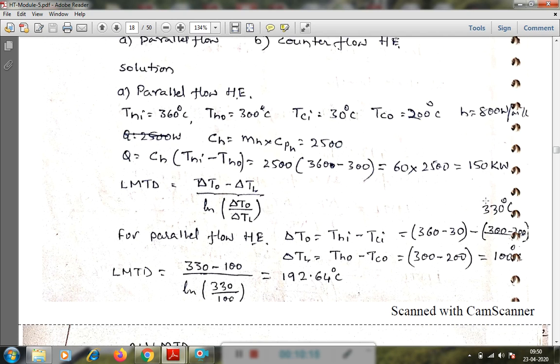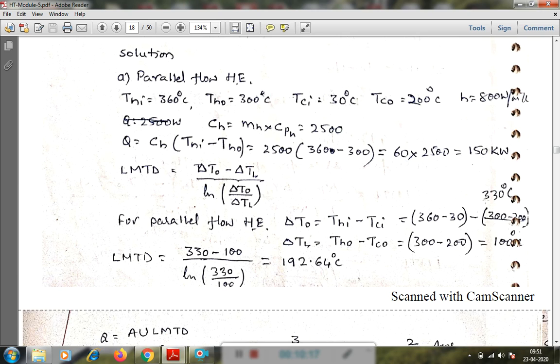If you have the heat transfer rate, and you know the overall heat transfer coefficient and LMTD, then by the LMTD method we can find out the area. Then LMTD can be given as delta T naught minus delta TL by ln of delta T naught by delta TL.